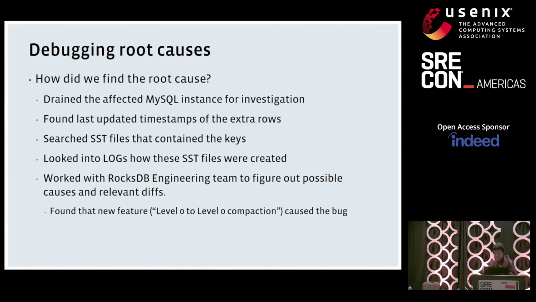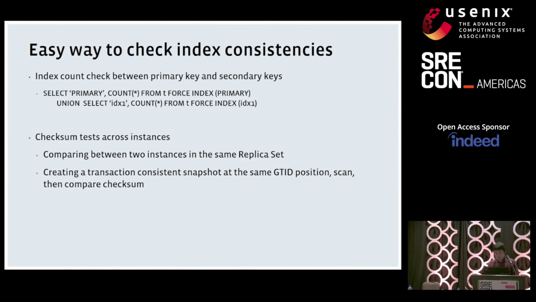After getting this information, we worked with the RocksDB engineering team at Facebook to figure out the possible causes and relevant diffs. We investigated the relevant diffs, and finally found that a new feature in RocksDB called level 0 to level 0 compactions caused the problem. So after finding the root cause, we could fix the problem.